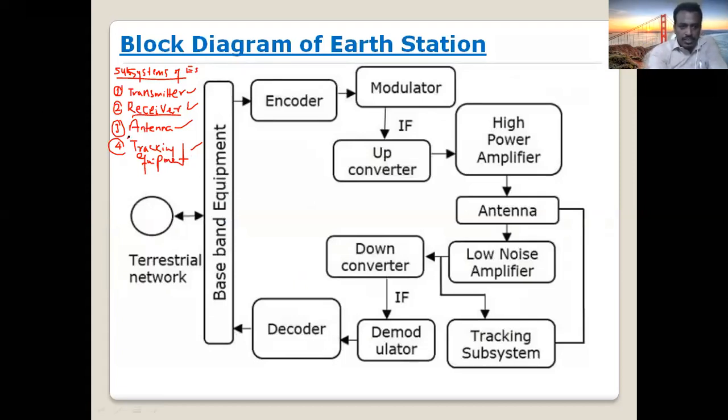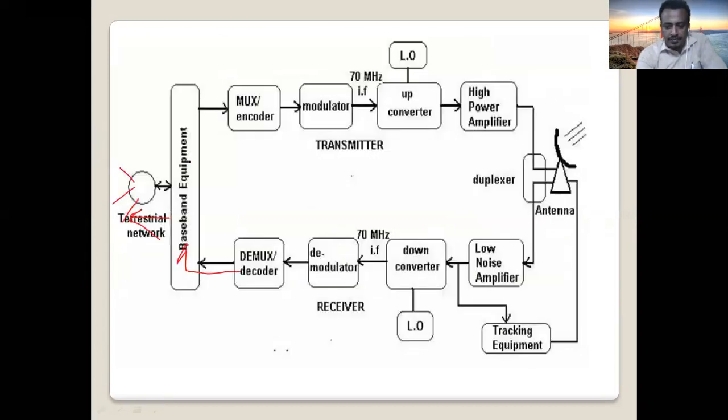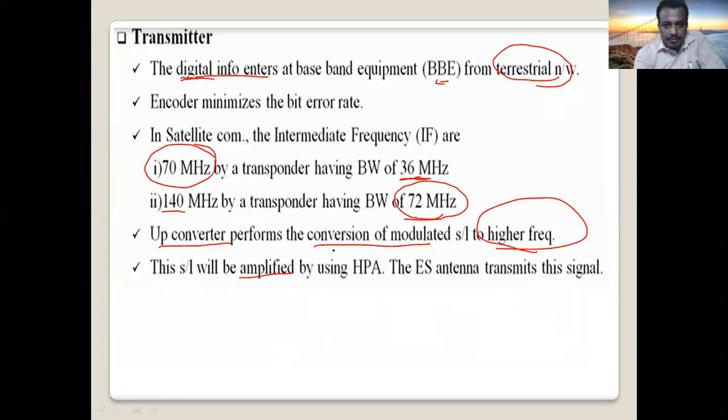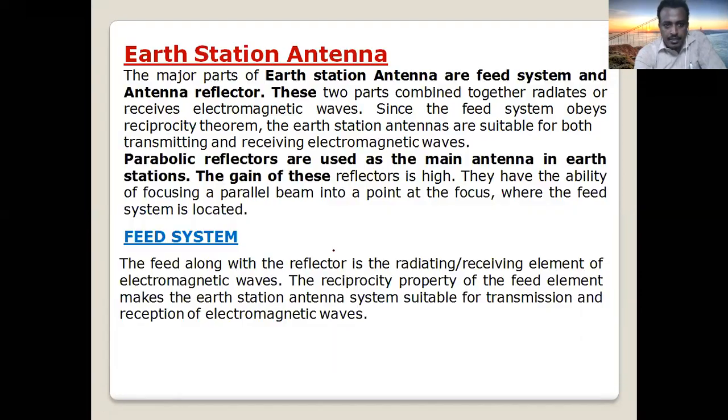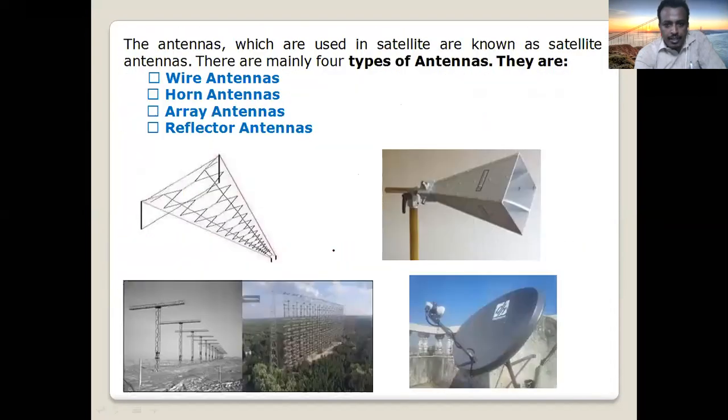Next, we have not discussed the antenna part. So let's see the tracking equipment. The antenna subsystem we have discussed previously, you can go through this slide. The antennas used in satellite communication, the horn antenna, the reflector antenna, antenna arrays we have discussed previously.